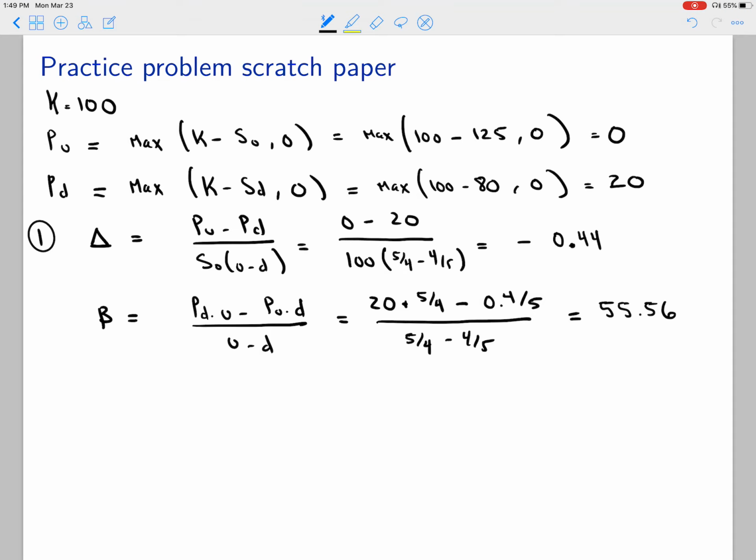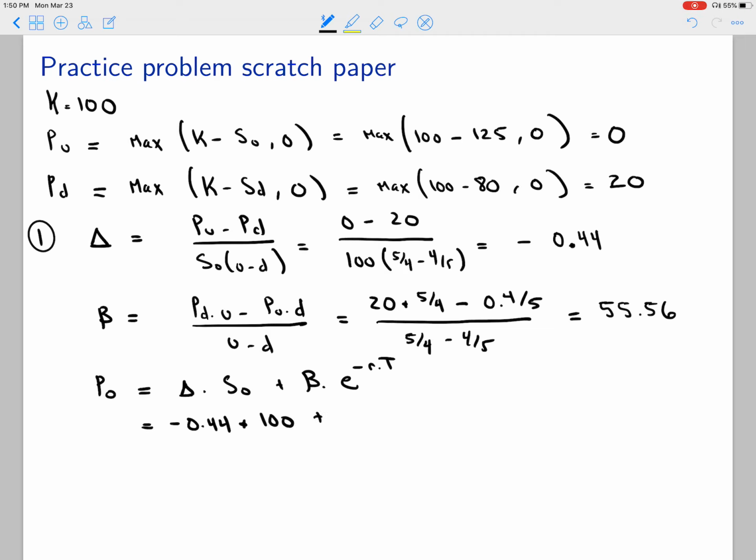The no arbitrage price of the put option is given by just the price of the replicating portfolio, which is equal to delta times S_0 plus beta times e to the negative r times t. Plug in everything we have so far. For delta, we're shorting 0.44 shares at a price of 100 each.